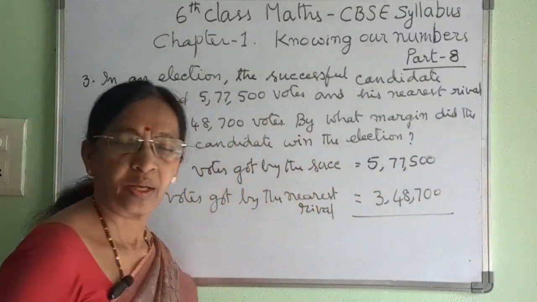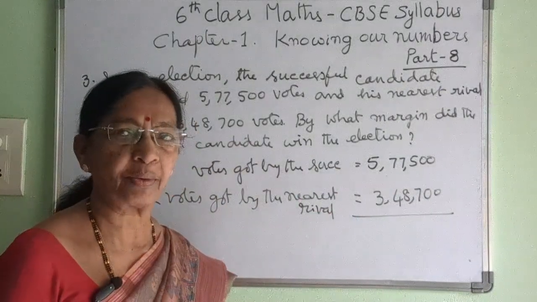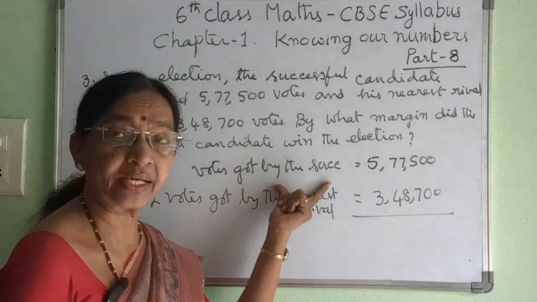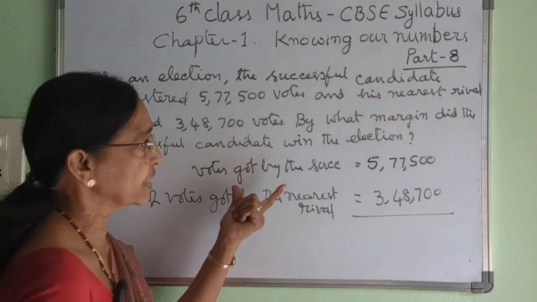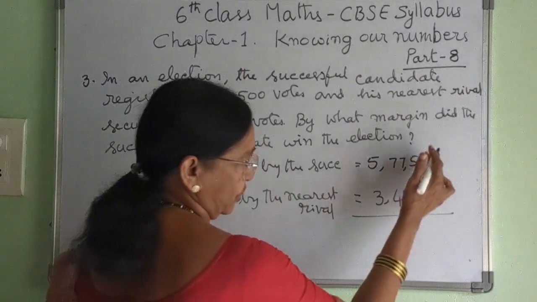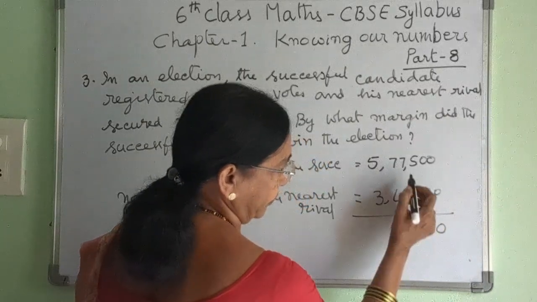So what is the difference between the two? That is, by how many votes the successful candidate won the election, or what is the margin with which he was elected in the election. So we have to take the difference of the votes between the two.